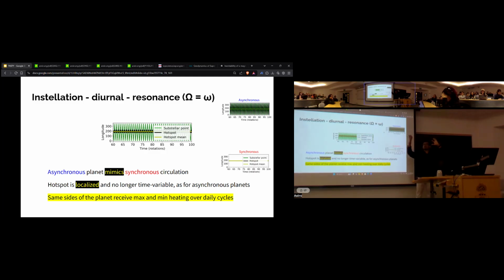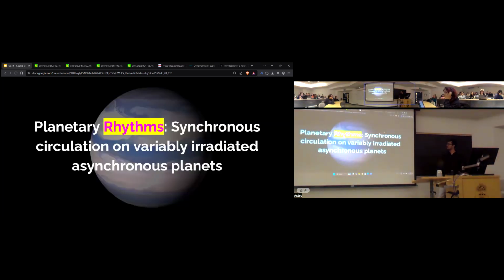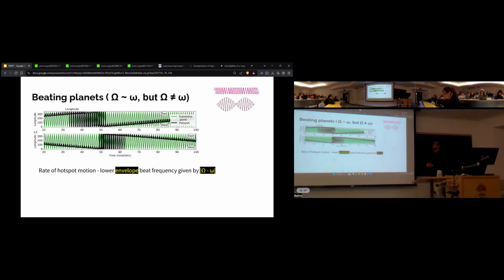And then again, the same face receives maximal irradiation, and the opposite face receives minimal irradiation, which gives rise to this phenomenon. And if you now change these frequencies slightly, what you see is that this hotspot, which was fixed to the surface of the planet, starts moving really slowly. So previously it was just a particular latitude, now it starts moving slowly.